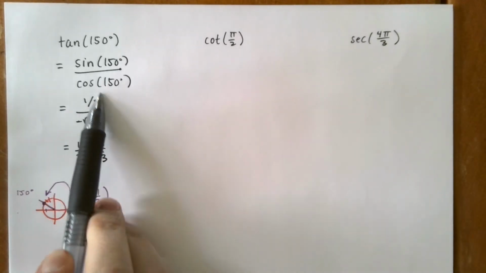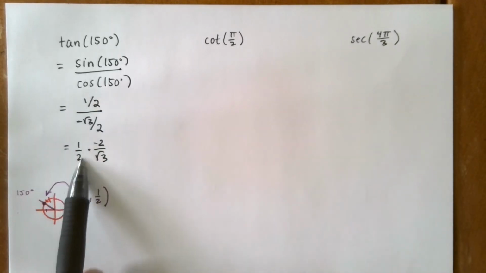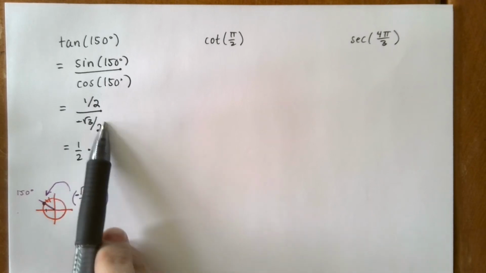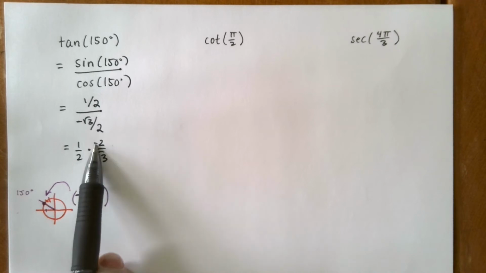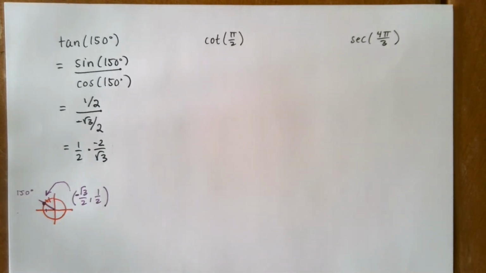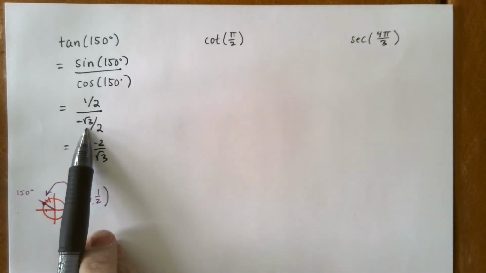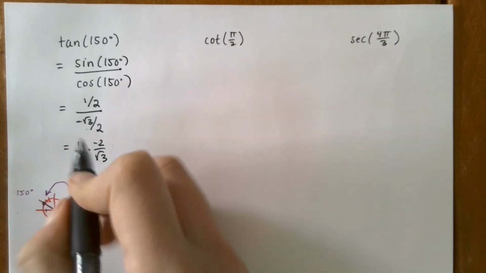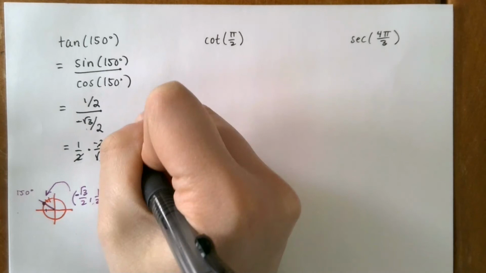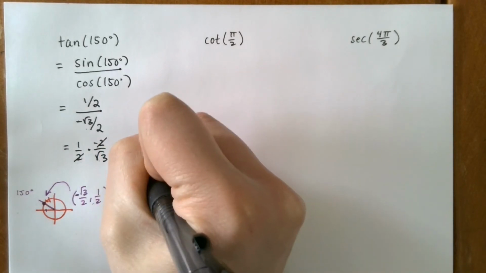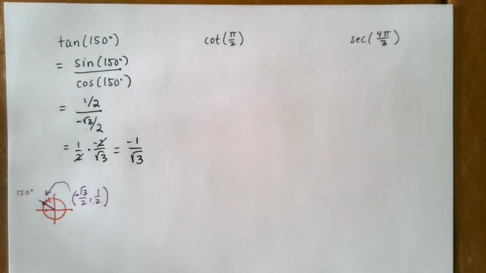So instead of being divided by root 3 over 2, it's being multiplied by 2 over root 3, and I've included that negative sign as well. So what I've done is flipped the denominator upside down. So when I compute here, the 2's will cancel each other out, and what I get as a final answer is negative 1 over the square root of 3.